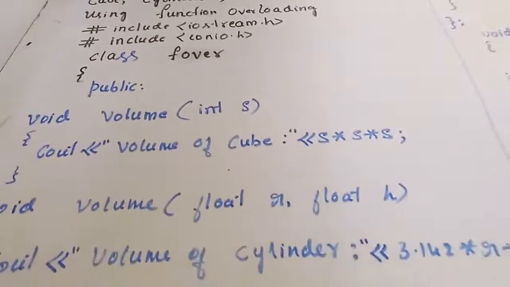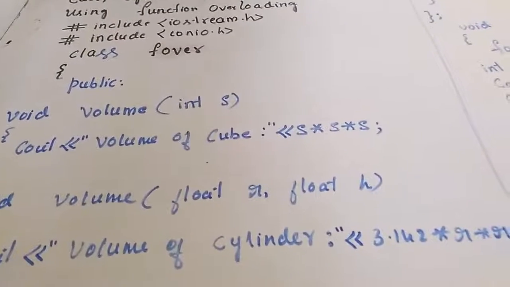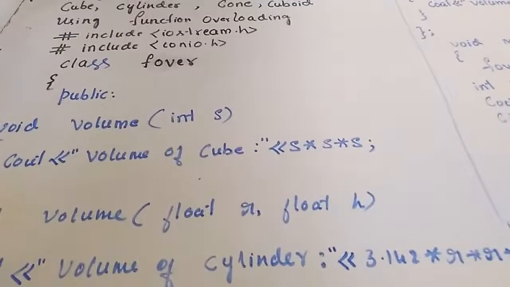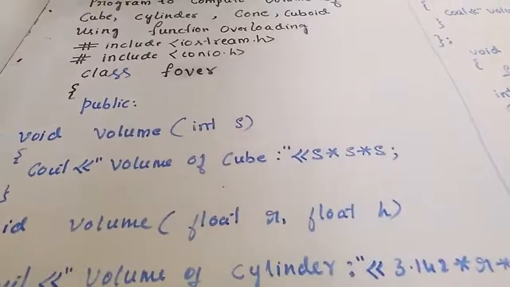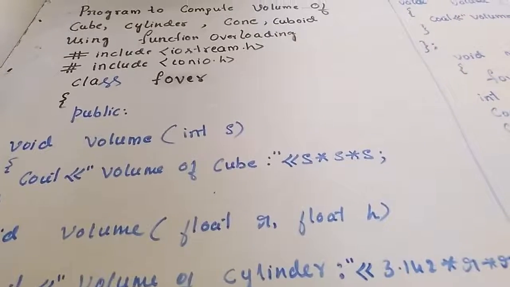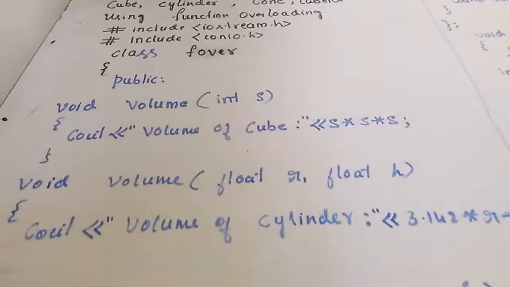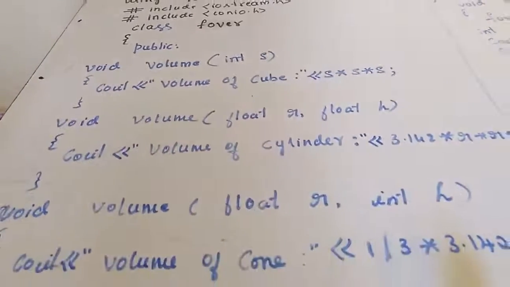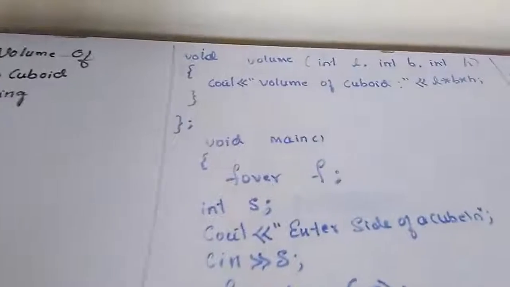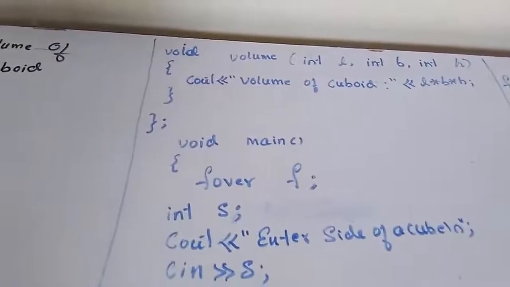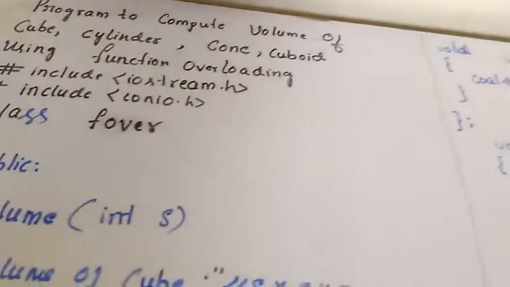In the previous example, I have taken data members to store result. In this example, I am not storing result anywhere. Directly I am calculating and displaying on the screen. See, volume, volume and volume. There are three functions and here volume. Total four functions because four polygons are there.